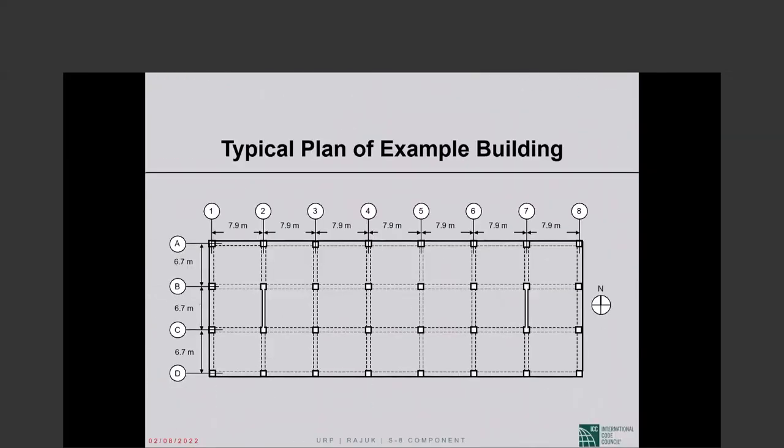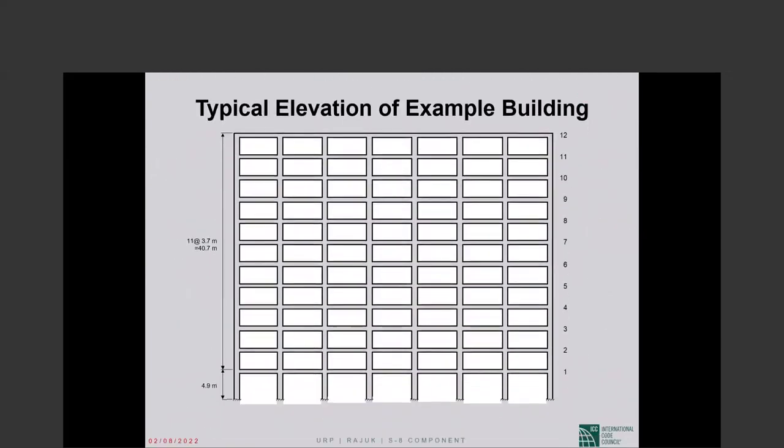What does it mean? This is an example of a pretty regular building, 7.9 meter spans in one direction, 6.7 meters in the other direction. This is the elevation. The bottom story is 4.9 meters, the others are 3.7. There are 12 stories, 11 at 3.7 and 1 at 4.9.